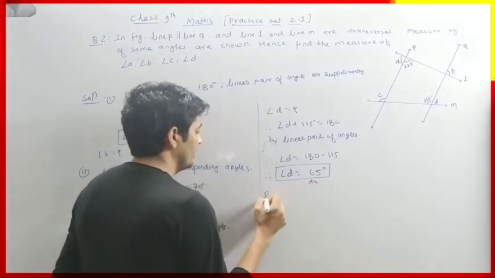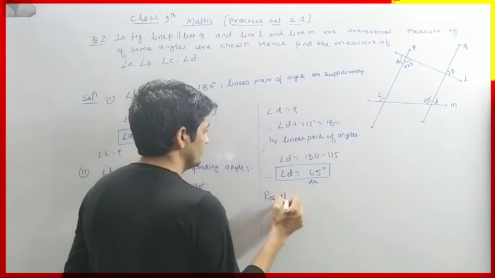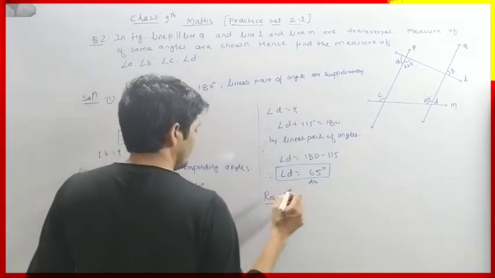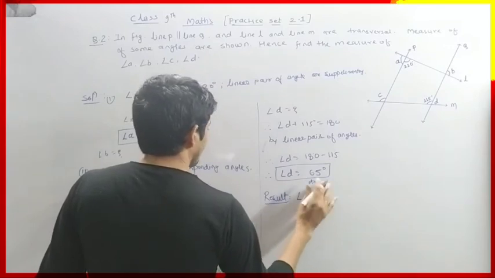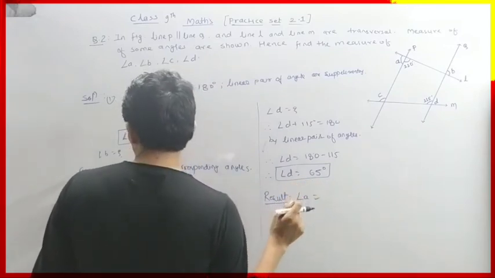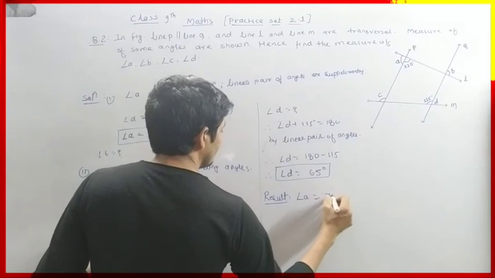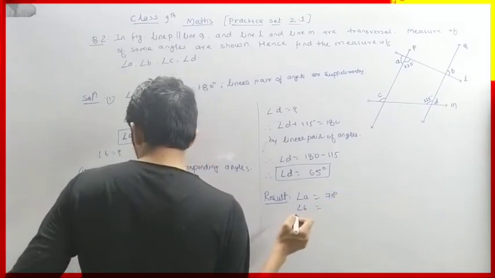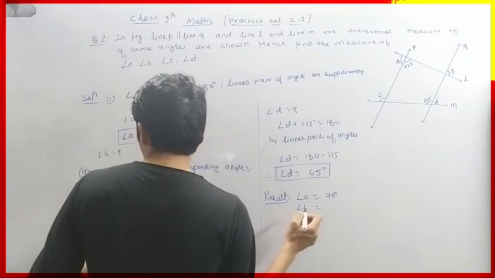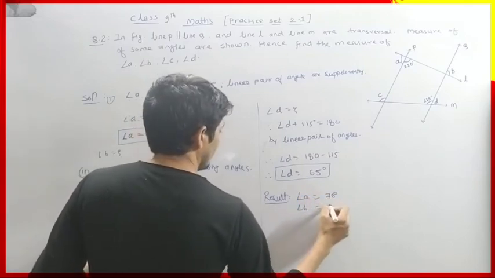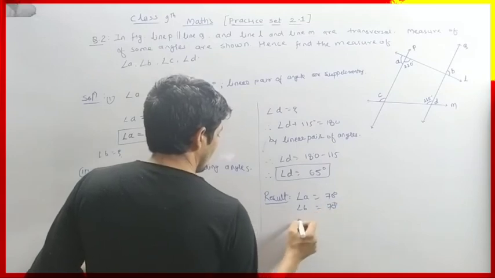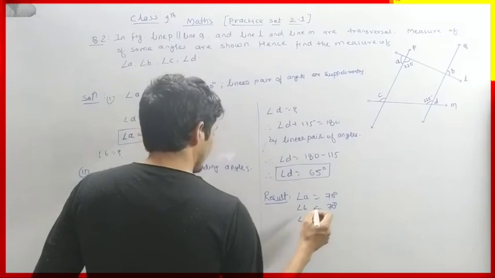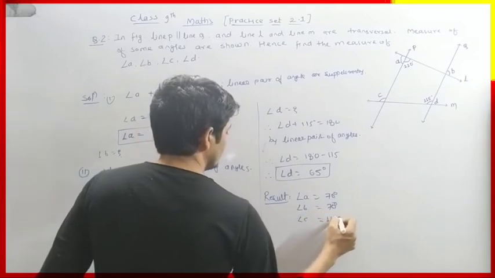So 65 is the answer. Now we have to write the result. The measure of angle A is 70 degrees. The measure of angle B is 70 degrees. The measure of angle C is 115 degrees.